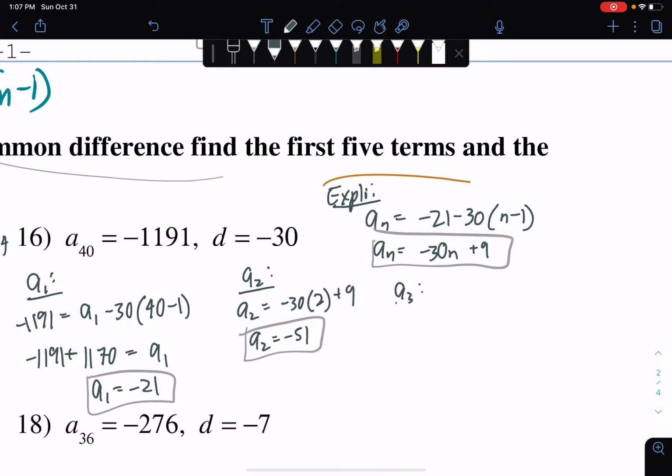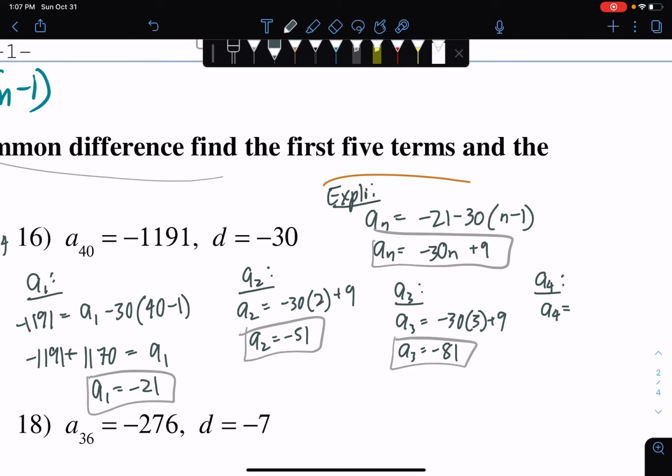For a sub 3, a sub 3 is equal to negative 30 times 3 plus 9. Our answer is negative 81. For a sub 4, a sub 4 is equal to negative 111.